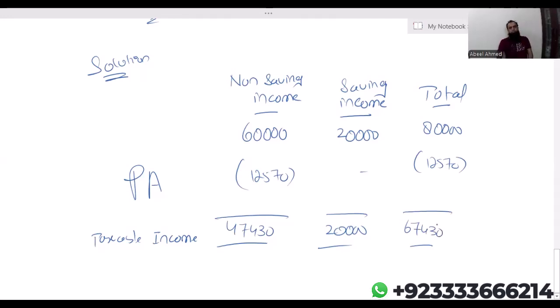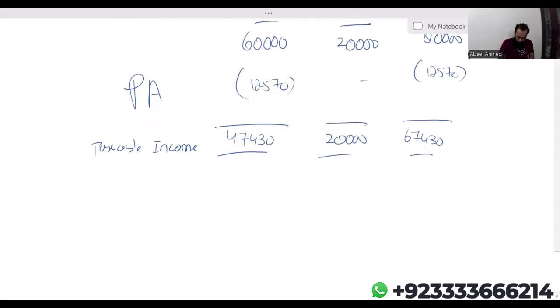Okay, now how do we apply tax rates? The rule is always first apply the tax rate on non-saving income.